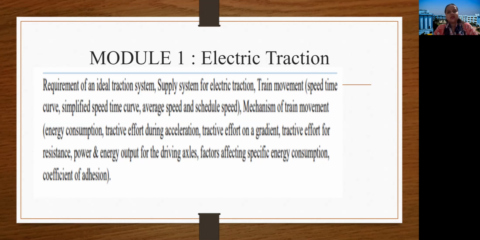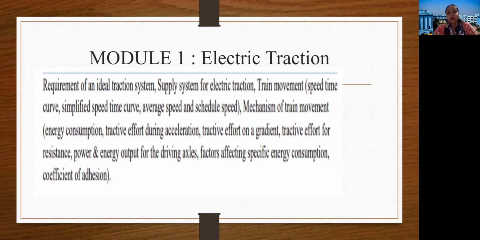So within this module, we are going to study the requirement of an ideal traction system. Before we set up and establish any traction system, what are the requirements an ideal traction system should have? That we are going to study here. Then, supply system for electric traction.